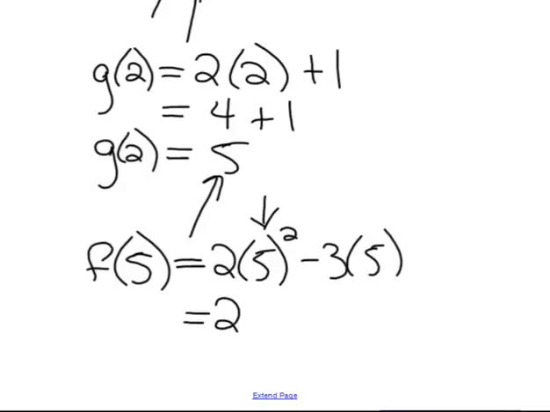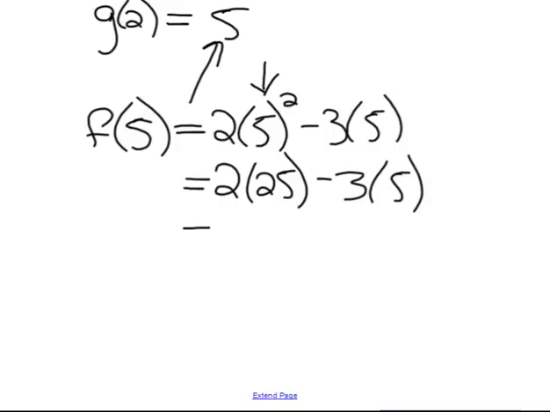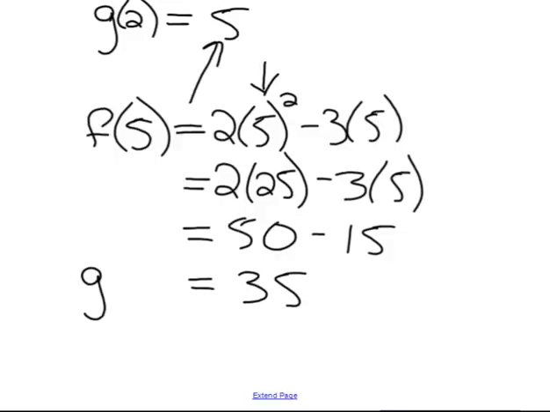So we're going to square the 5, which is 25. And after exponents, we have multiplication. 2 times 25 is 50. 3 times 5 is 15. And we get 35. So that should be f, not g. F composed with g of 2 is equal to 35.